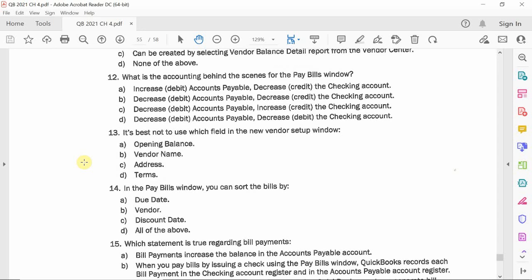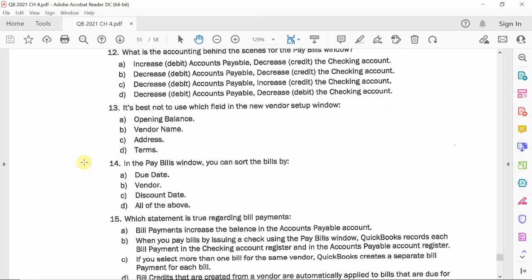Especially when we're looking at vendors, customers, whatever it is, never put an opening balance, because it just says that you owe this person money, but it doesn't determine how many bills you owe this person, how many of them are credits, how many of them are refunds and returns. It just gives you a balance. So the best recommendation to get that account balance to match your opening balance is to manually, retroactively enter in all those bills.